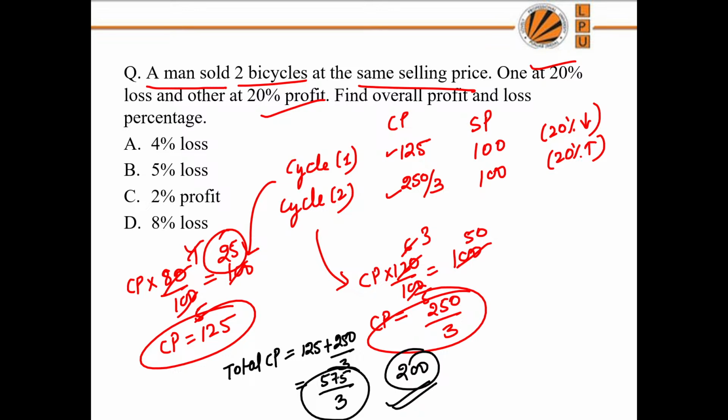So now, which one is bigger out of these? Check the calculation once. We did everything correct or not?